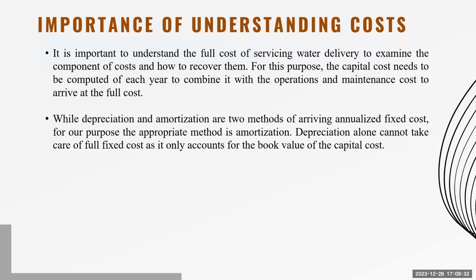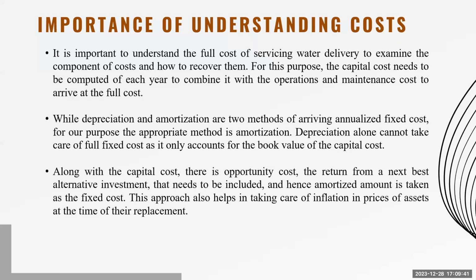Depreciation alone cannot take care of the full fixed cost, as it only accounts for the book value of the capital cost. So along with the capital cost, there is an opportunity cost. Just think of a situation where you are investing 10 lakhs of rupees. If you had put it in a fixed deposit, you would have got maybe 6% interest.